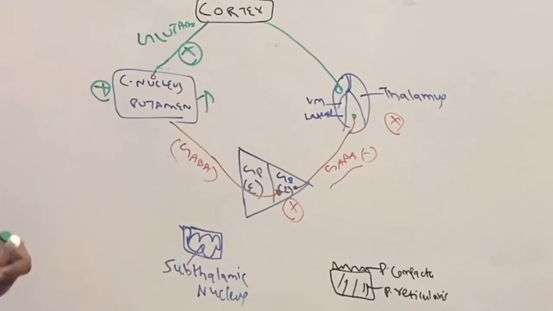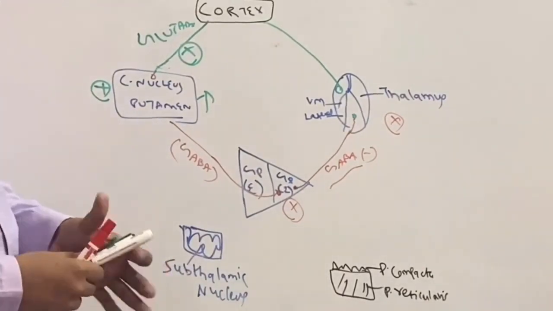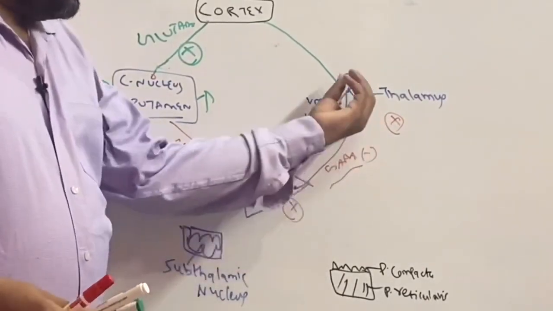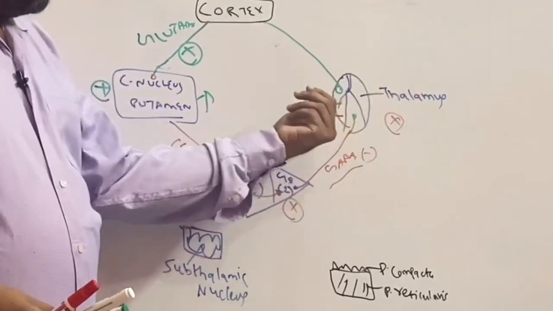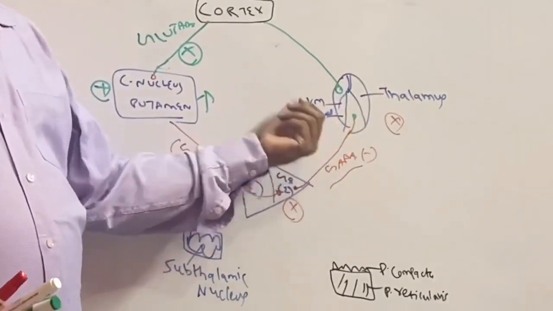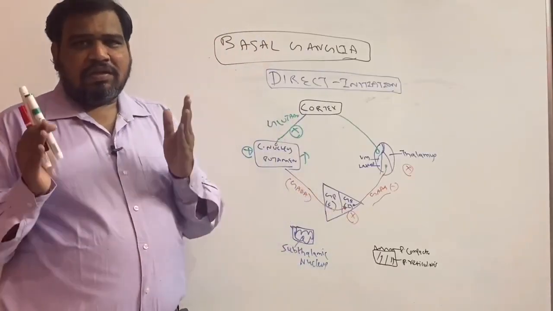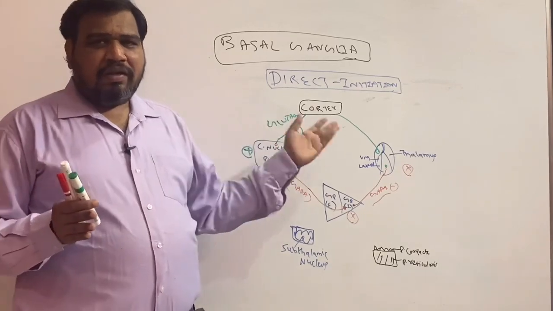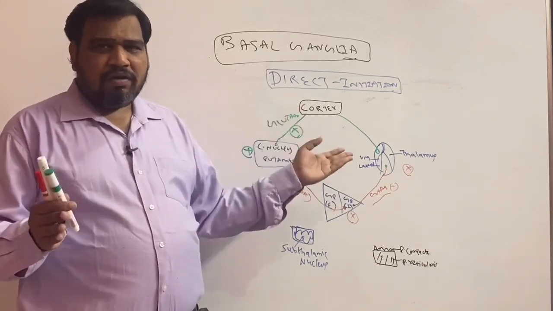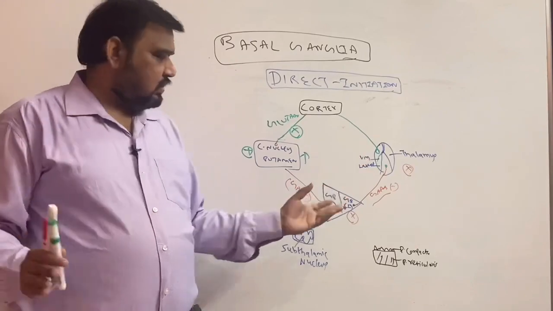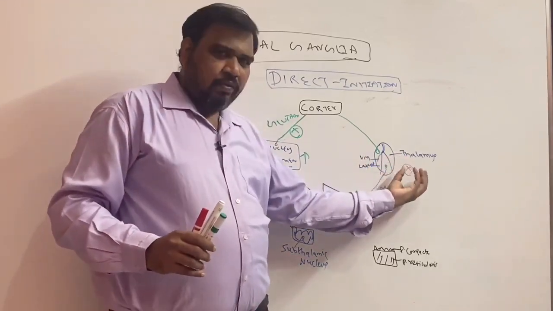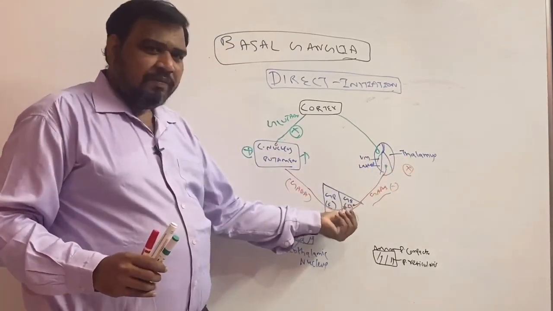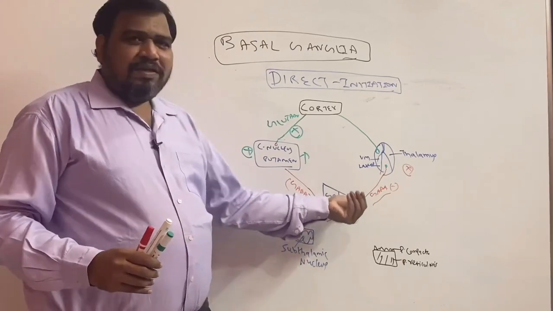Again, concentrate there, very important. The globus pallidus interna's job is to inhibit the thalamus. Thalamus means the ventral anterior and lateral nucleus of thalamus. Whenever I discuss basal ganglia, the thalamic nuclei involved are the ventral anterior nucleus and the ventral lateral nucleus. So this should be inhibited. Why? That is the function of the globus pallidus interna. But what's happening?